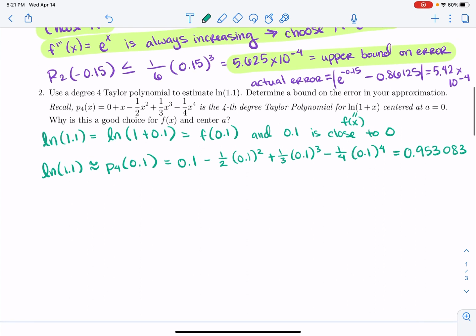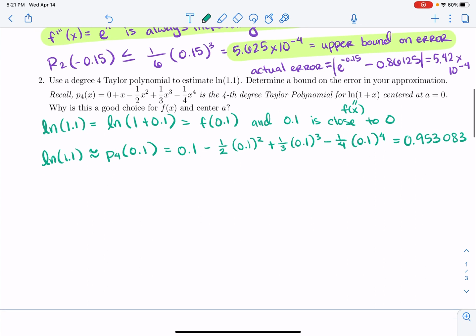Okay, and determine a bound on the error in your approximation. So here we have a 4th degree Taylor polynomial. So that means n equals 4. So that means we're finding the remainder. The 4th remainder evaluated at 0.1 is equal to f of 0.1, which is ln of 1.1, minus P4 of 0.1.